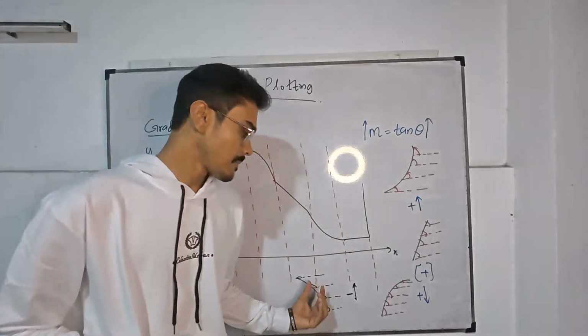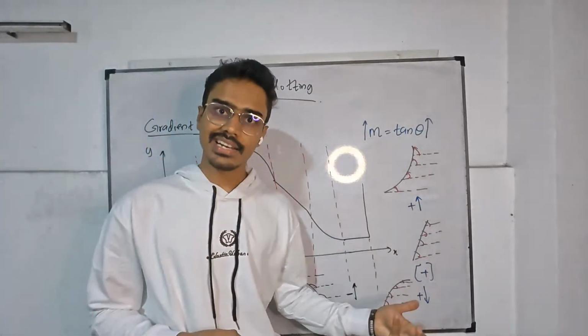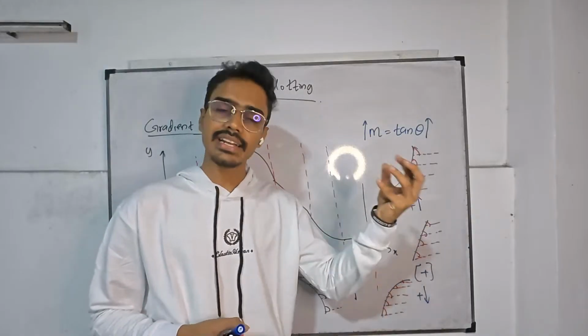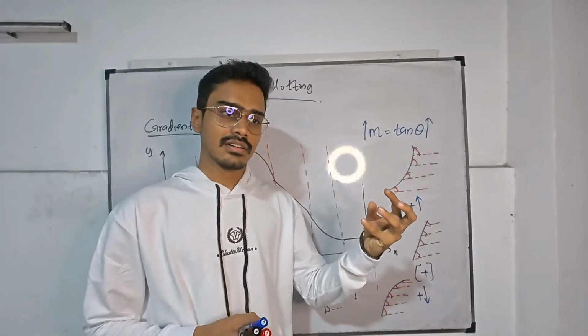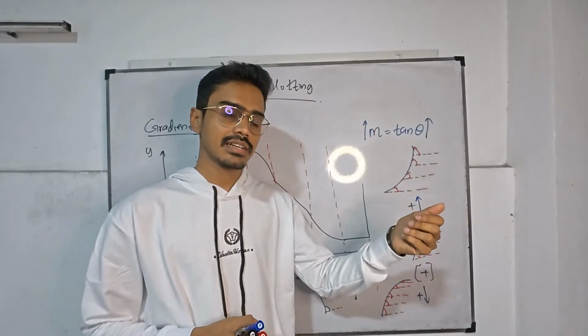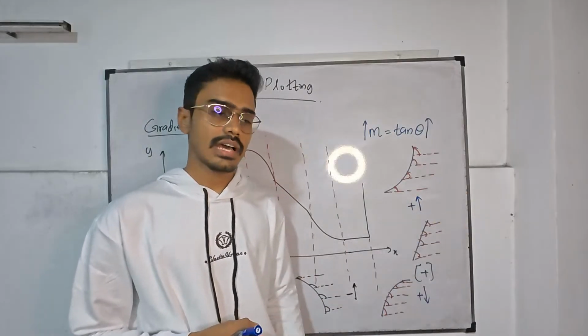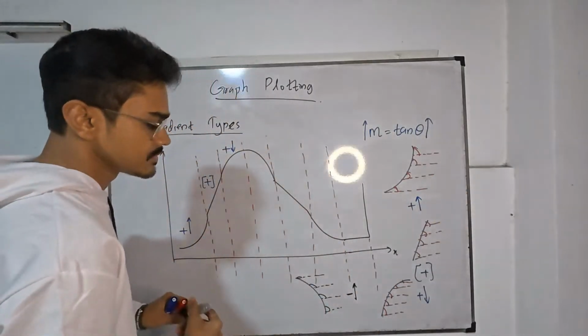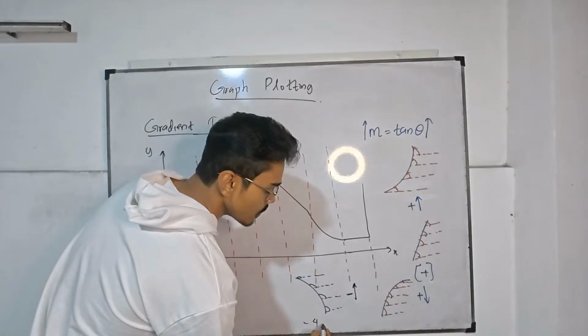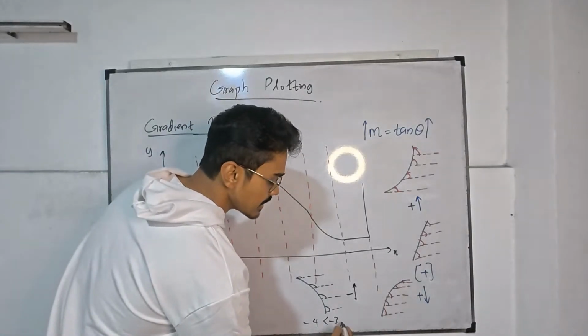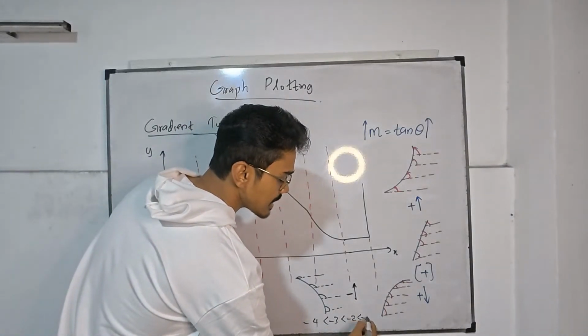The reason is that actually tan theta decreases, but that decreasing value is a negative value. Negative decrease means an increase. As an example, -4 is less than -3, less than -2, less than -1.